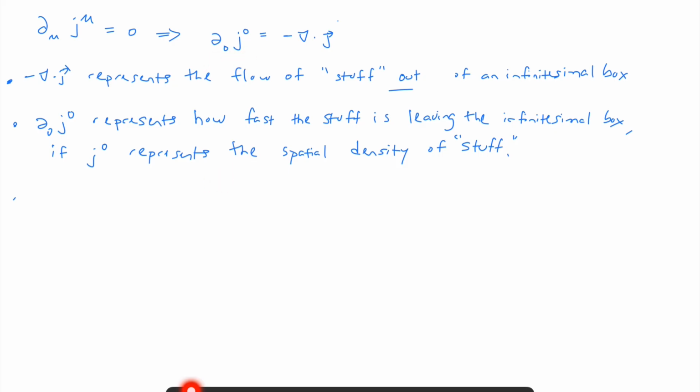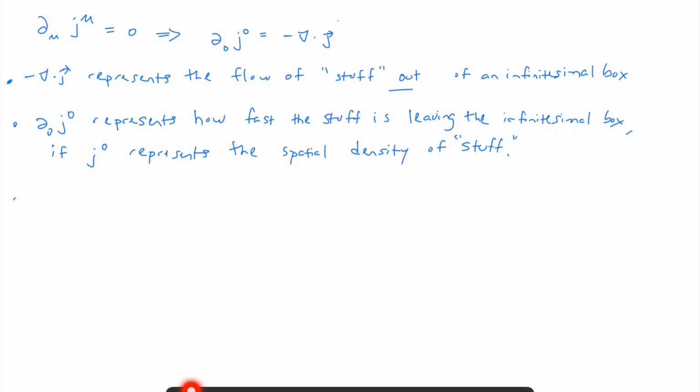So if that equals this, which also represents the rate at which stuff is flowing out of the infinitesimal box, then you have a true conservation, meaning that whatever is leaving j0 is conserved. It goes somewhere else in space. Whatever is leaving it at one particular point in time is equal to the amount that goes to the other points in space.